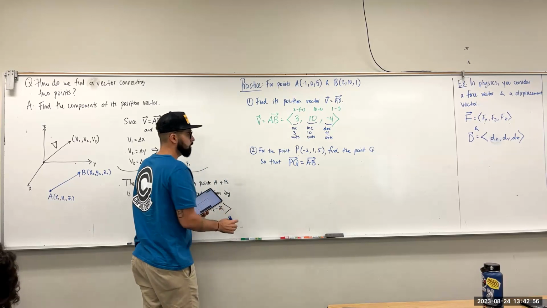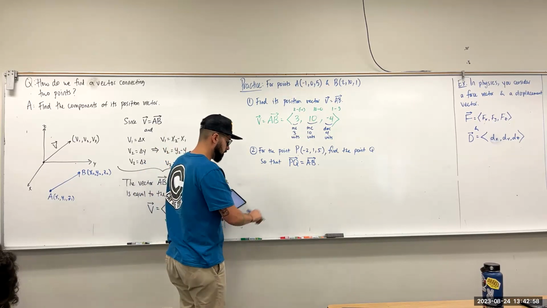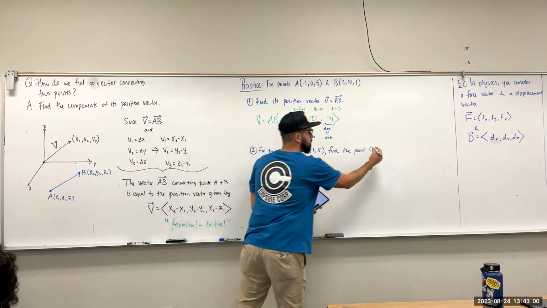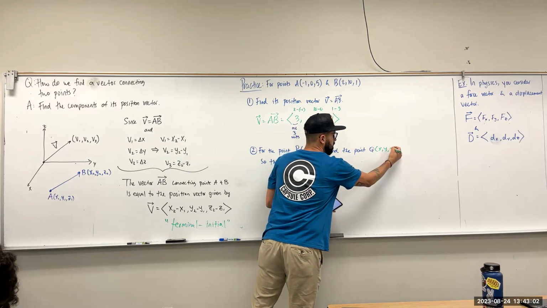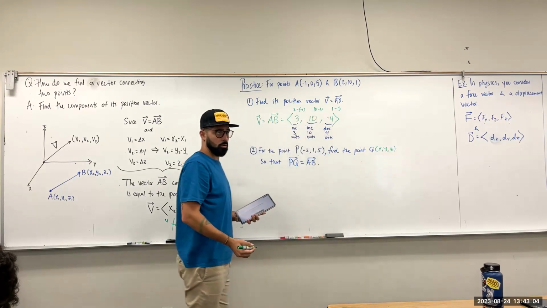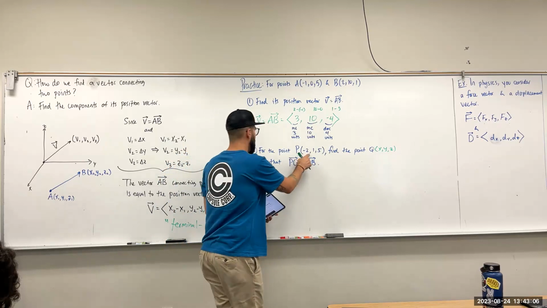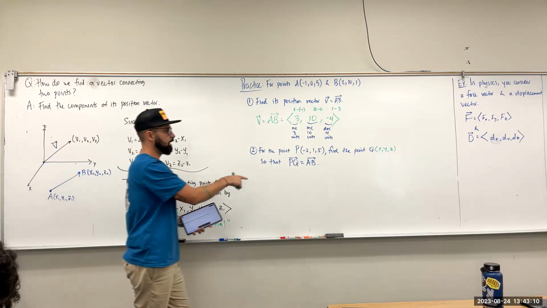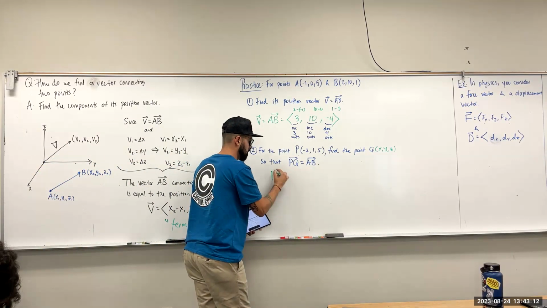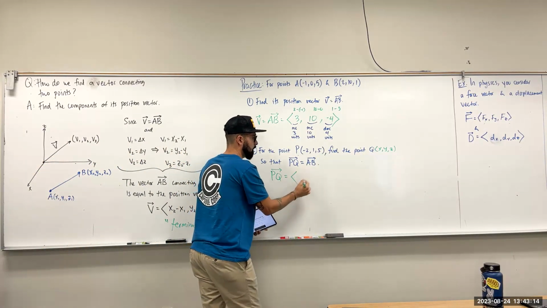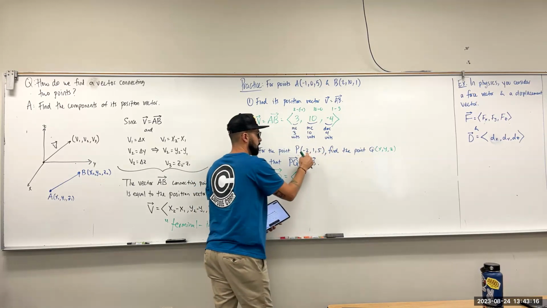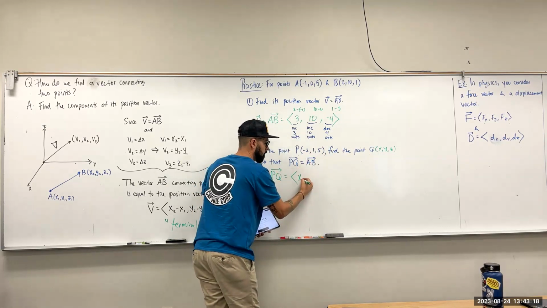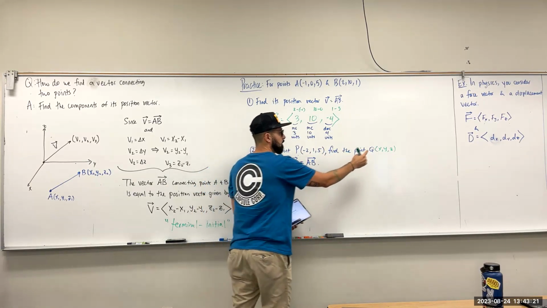So here's another way you can think of this. You don't know the coordinates of this vector, right? So if I use my position vector formula and try to find PQ, it's whatever this X coordinate is minus this X coordinate, so it becomes X plus 2.